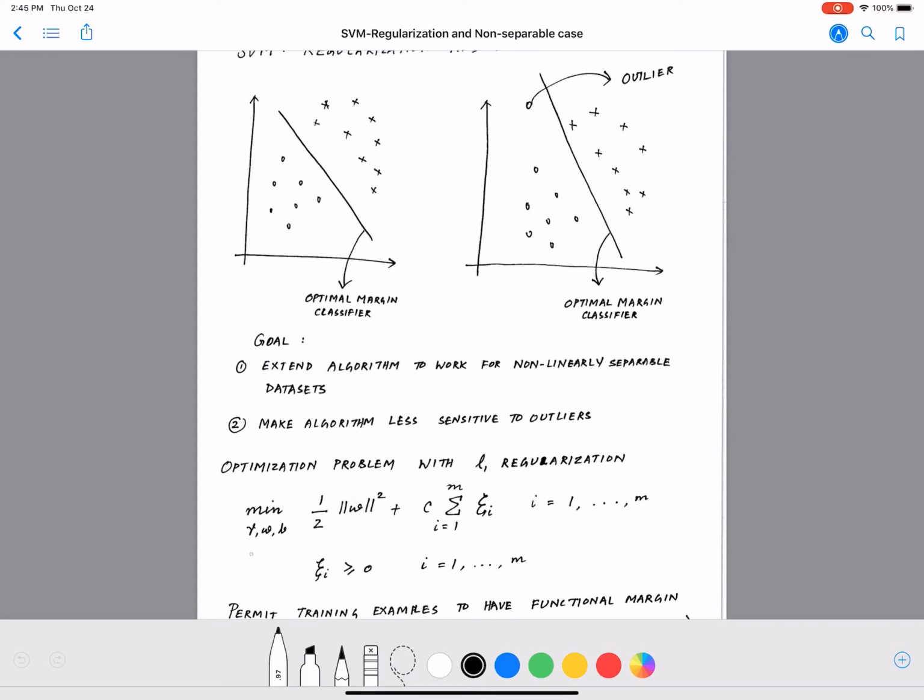So let's see we have two graphs here, and in one of them we have points all in this region, the circles, and we have all the crosses in this region, right?